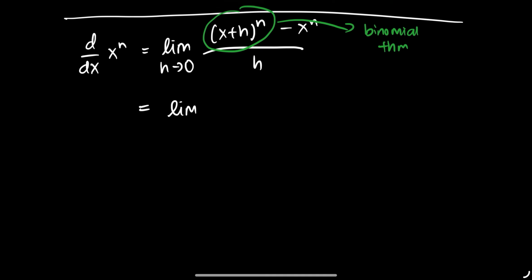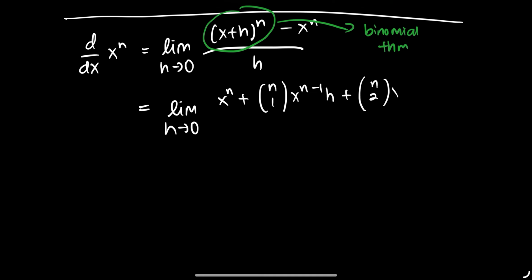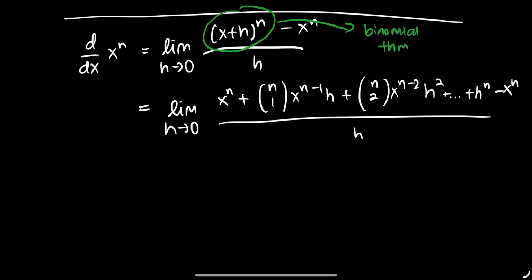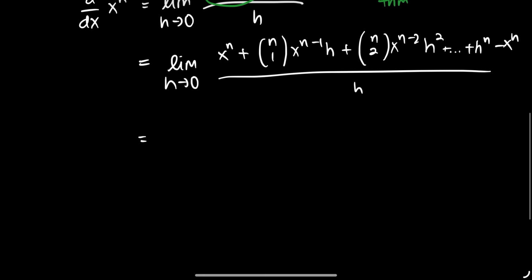So the limit of h approaching 0 is the same thing as x to the power of n plus n choose 1 times x to the n minus 1 times h plus n choose 2 times x to the n minus 2 times h squared, and so on, plus h to the n, then minus x to the n.